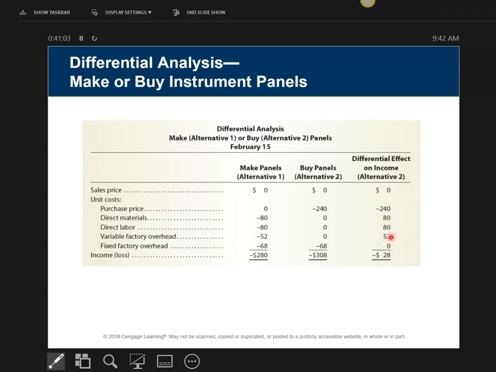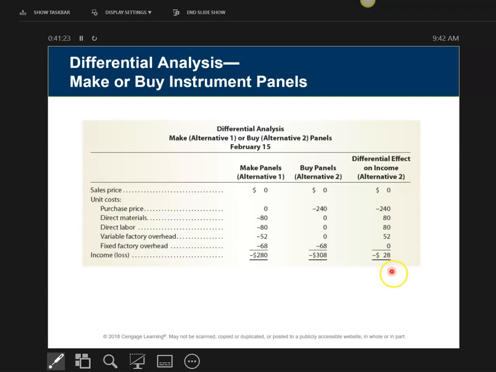I'm gaining $52, but I still have to pay my fixed factory. So when I take the total down, I'm actually losing money to continue buying it out for $240. So I'm losing $28 per unit. So in this case, what I should do is make the panels.